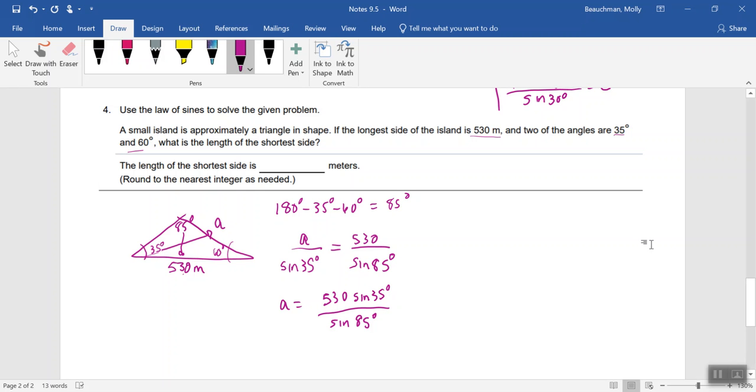And I'll have to do that on my calculator. 530 times the sine of 35, and divide that answer by the sine of 85. And I end up with 305.16. And we want to round to the nearest integer as needed. So that would be 305 meters.